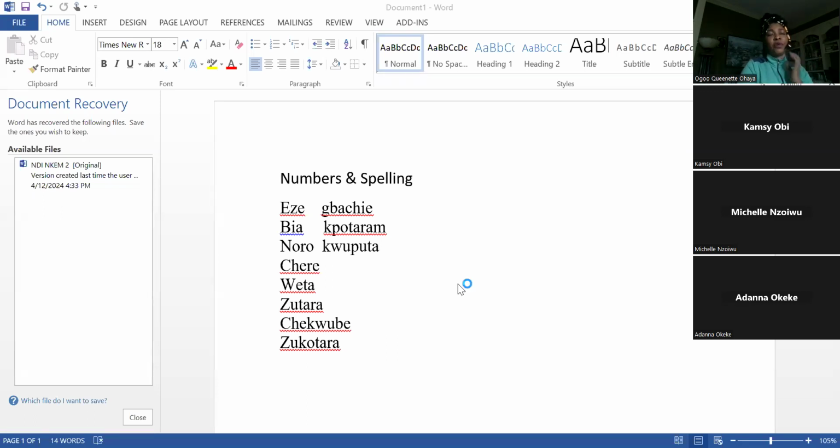Chekwube. So when you finish spelling, you have to say that word, because if you miss the pronunciation, it's also off. Because in an Igbo word, you can miss the pronunciation by not knowing that there should be a punctuation mark on any of the vowels or something like that. So you have to pay attention because they all have separate points. Okay.